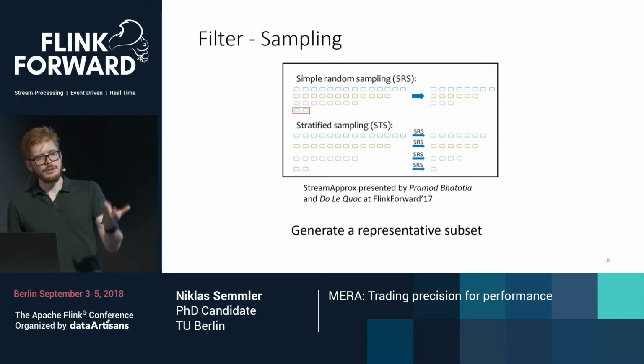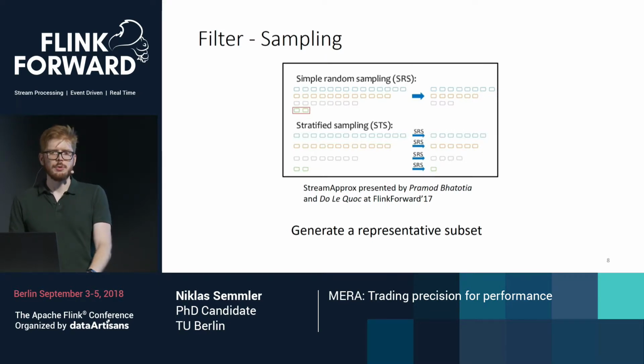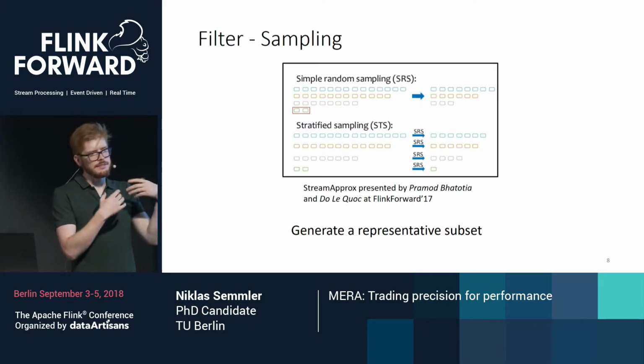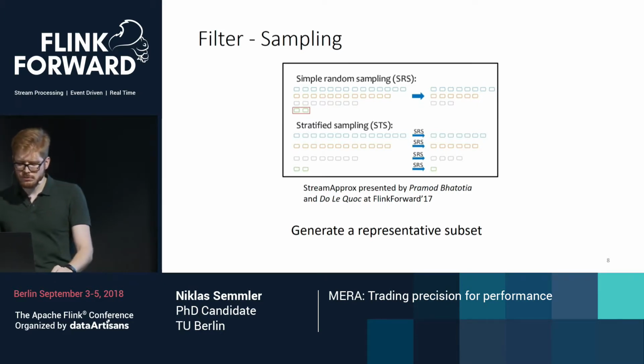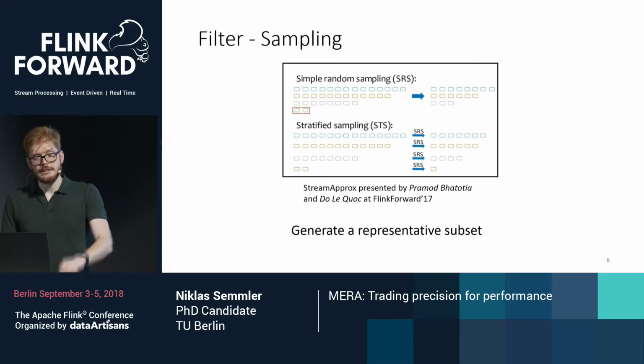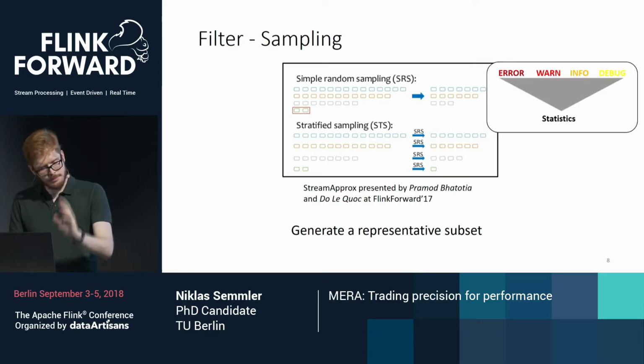So if you have categories inside of your stream, you really want to first categorize them and then sample based on the categories. So the idea here is to generate a representative subset. And that's a good method, but it does not necessarily work for all cases.